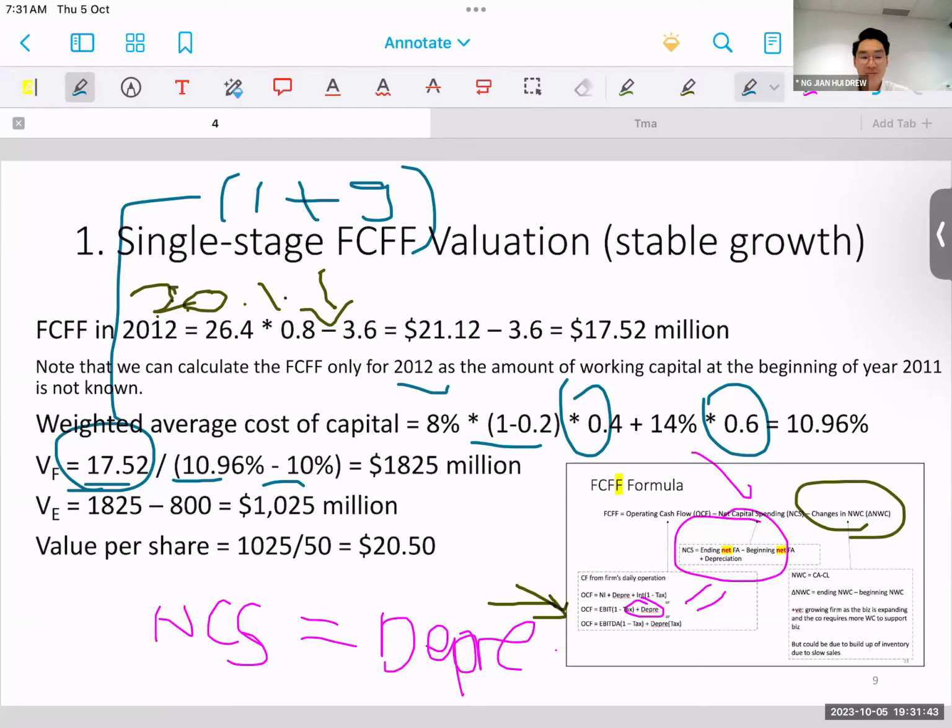Anyone knows? How come we didn't multiply by 1 plus G for the top? So I think in the TMA, some people might multiply 1 plus G, some didn't. There's a lot of formulation. So how do we know? Should we multiply 1 plus G? Should we not multiply by 1 plus G?